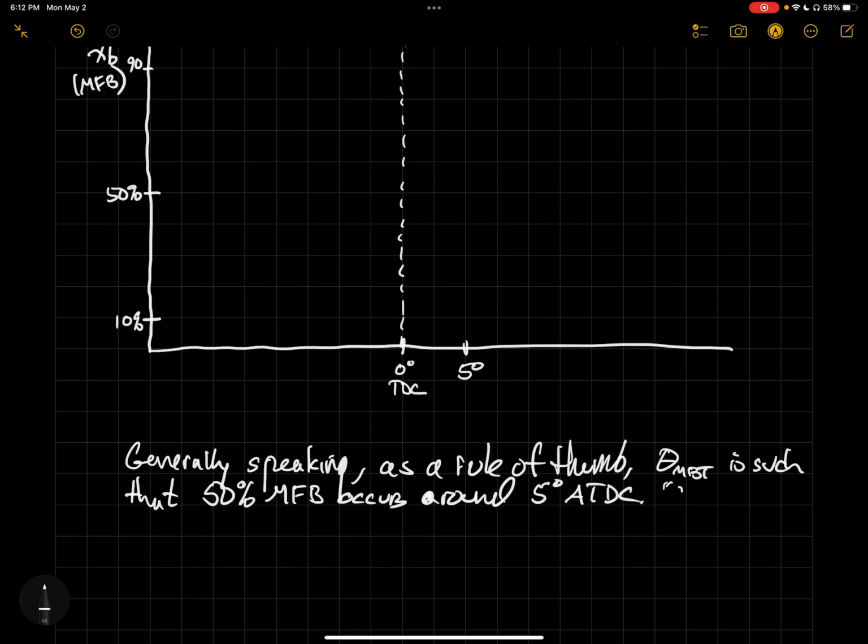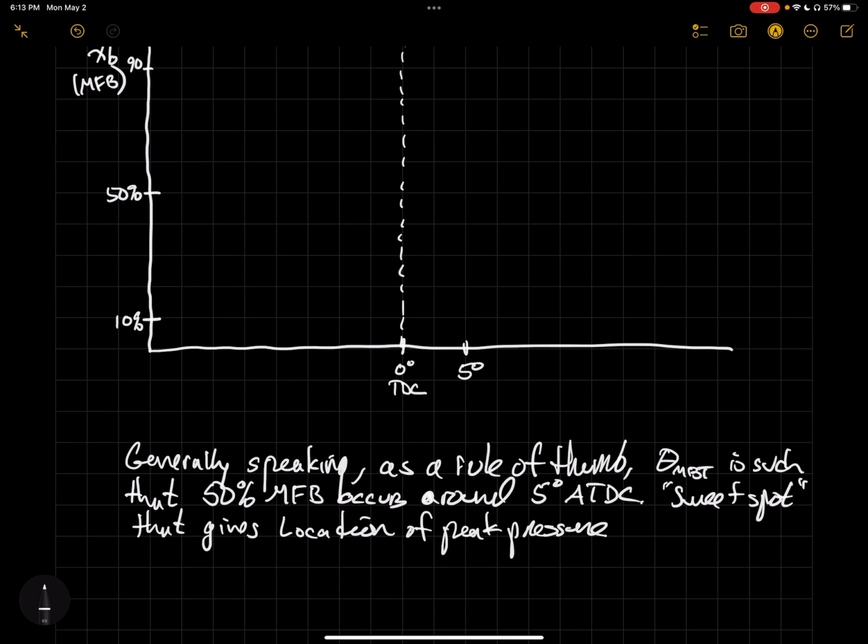That's the quote-unquote sweet spot that gives a location of peak pressure about 15 to 20 degrees after top dead center, which, as I mentioned in class today, is usually the location of peak pressure that gives us maximum brake torque.